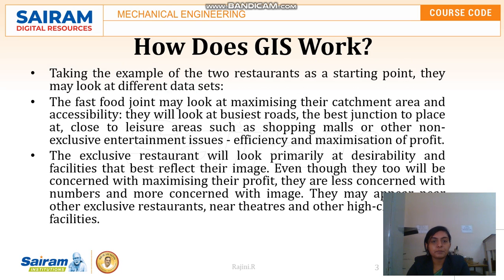So the working will be like this: first the request from the respective person, and then to acquire the data, collecting the data, like a literature survey. The accuracy will be there, and the geographical scope of that project will help direct your data collection and the methods to perform the analysis.